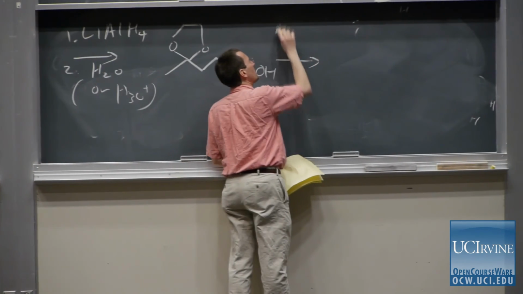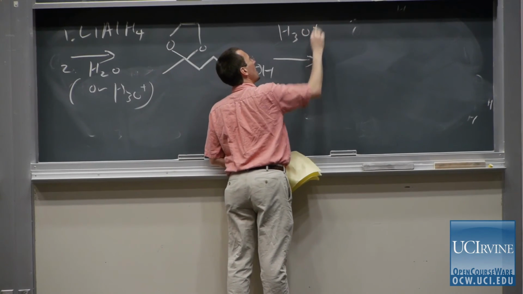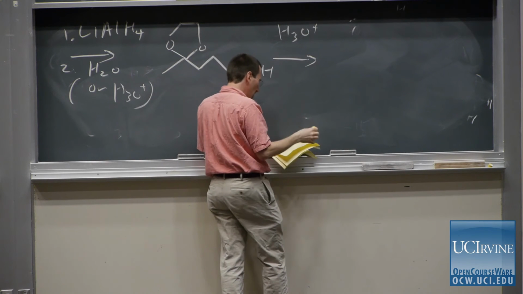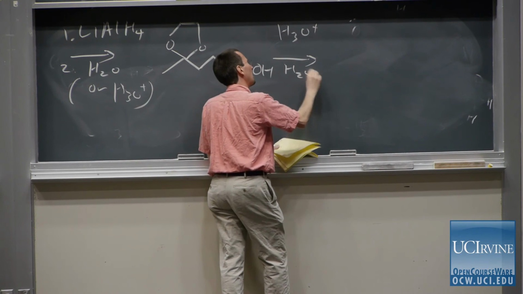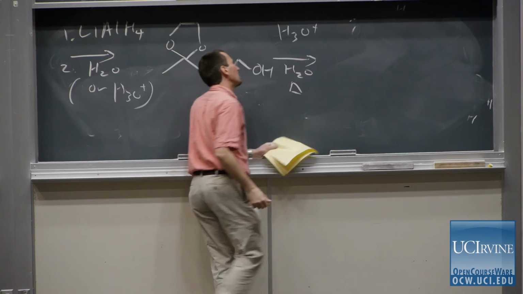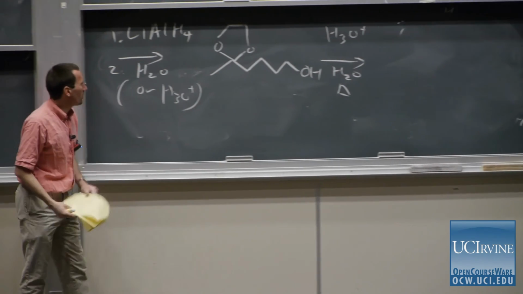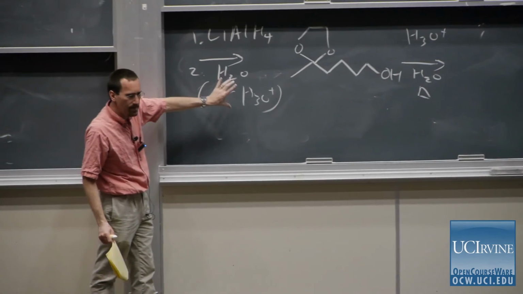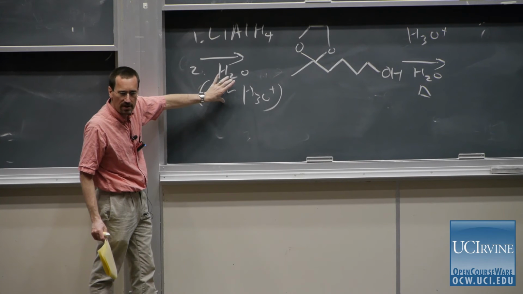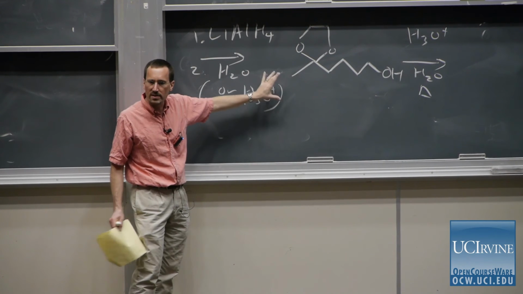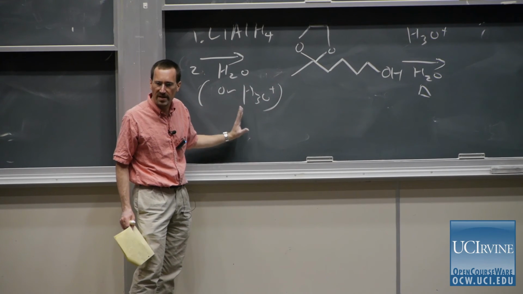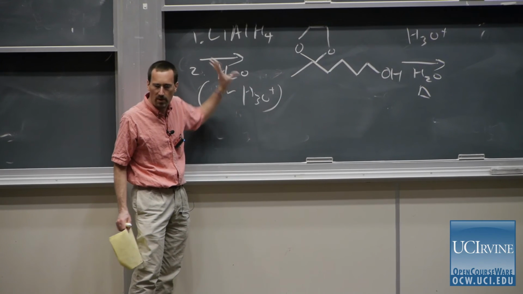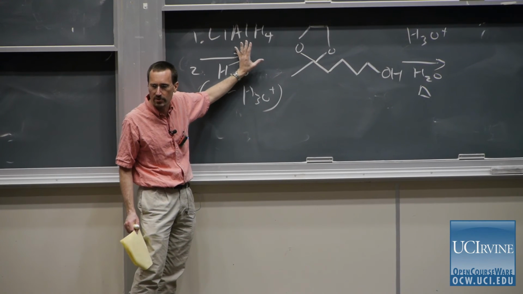To really break down your ketal, to break down your acetals, in general, you need water and acid and a little bit of heat. I'm not, at this point in your learning, going to get bent out of shape over these differences here. You should just realize if you go into the laboratory, if you pour a little bit of dilute acid in at this point, you're probably not going to hydrolyze your ketal.